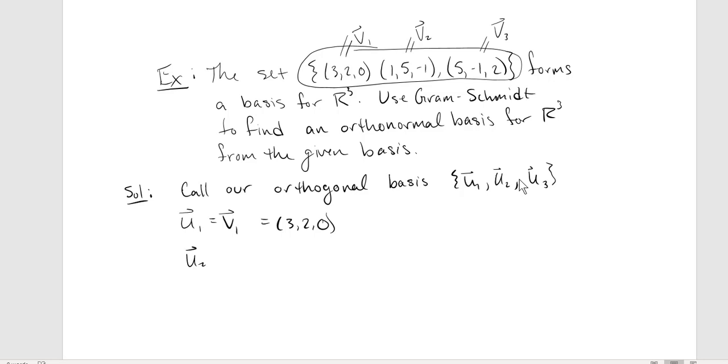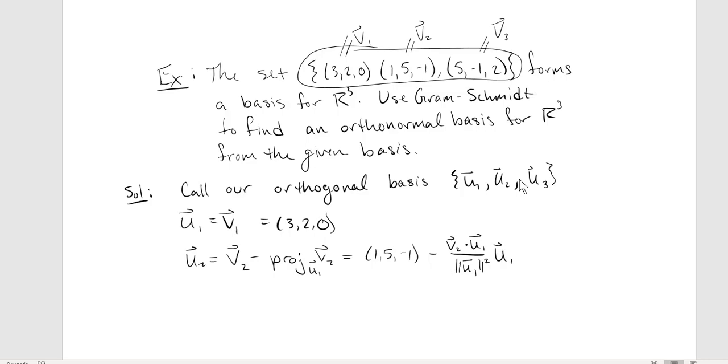Now U2, remember we said this is going to be our next vector in our set minus the projection. Take away the amount of this V2 vector that's in the direction of our first vector, the U1 that we defined. So this is just vector V2, that's not too bad. Vector V2 is (1, 5, -1), and we're subtracting the projection of V2 onto U1. Remember the formula for that is V2 dotted with U1 over magnitude of U1 squared, times U1.